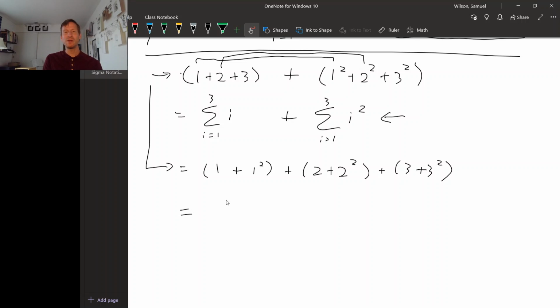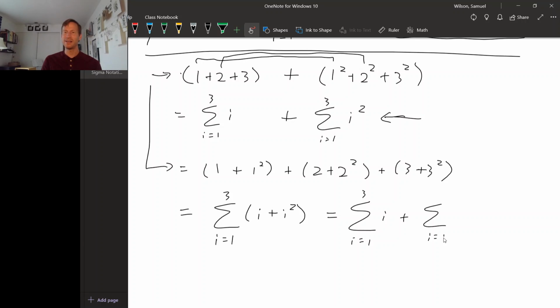But now, if we went to write this using sigma notation, the pattern would be different. The i values would be the same. We're still going from 1 to 3. But the pattern would be different. Now it looks like the pattern is, well, there's i plus the square of i, like this. And so what this whole thing shows us is that the sum from 1 to 3 of i plus i squared is the same as the original way we wrote it, which is the sum from i equals 1 to 3 of i plus the sum from i equals 1 to 3 of i squared.